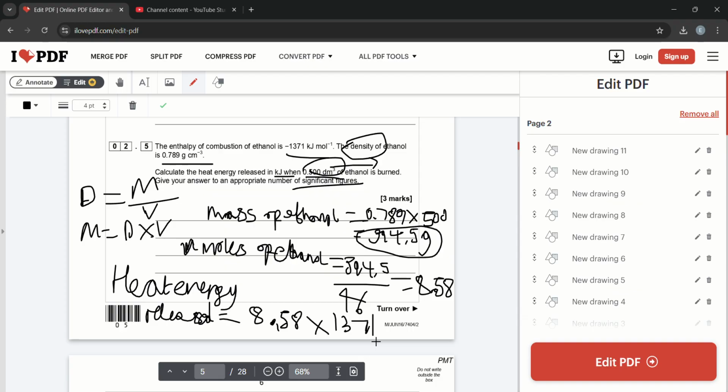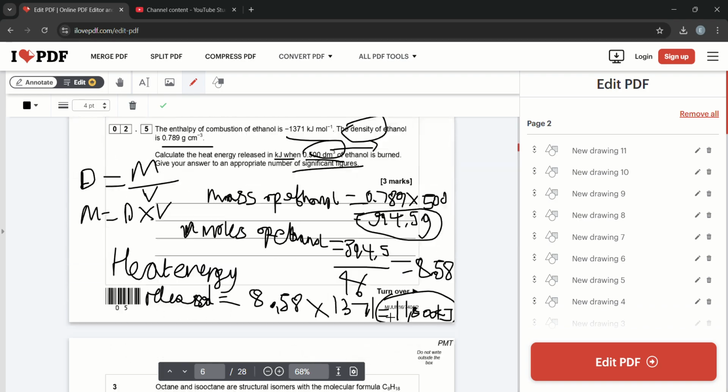So 8.58 times 1371 is 11763, we'll say 11,800 kilojoules. And that is the end of question 2.